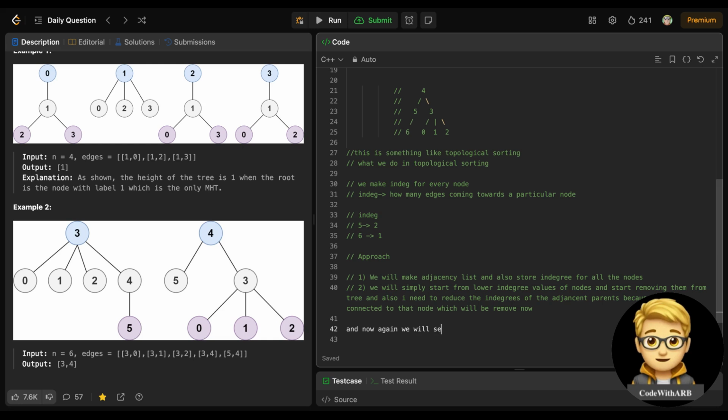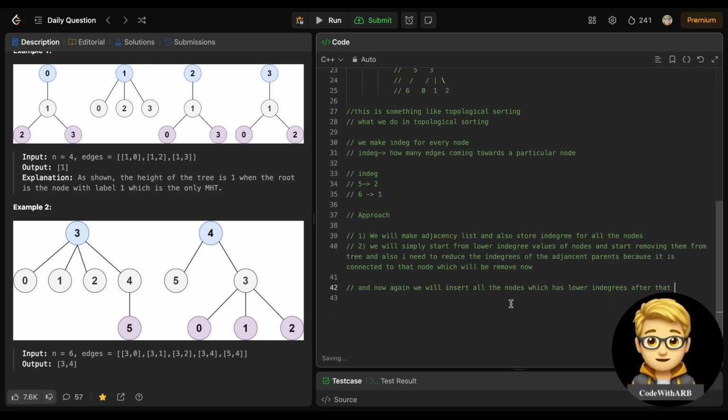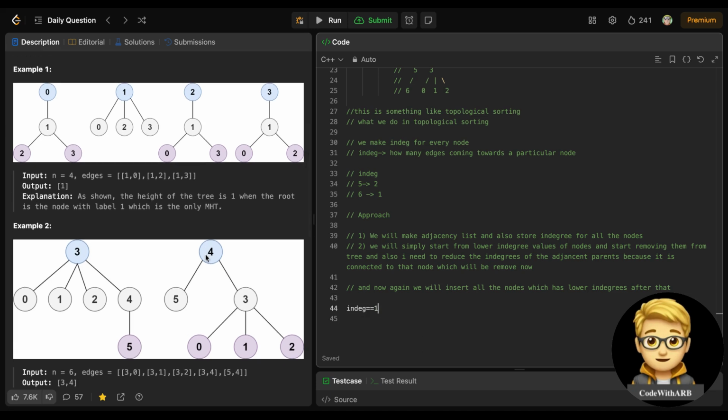So their in-degrees also will reduce, and now again we will simply insert all the nodes which have lower in-degrees after that, right? So what will be the lowest possible in-degree? The lowest possible in-degree will be 1, right? Because this is an undirected graph, so the lowest possible in-degree is 1.